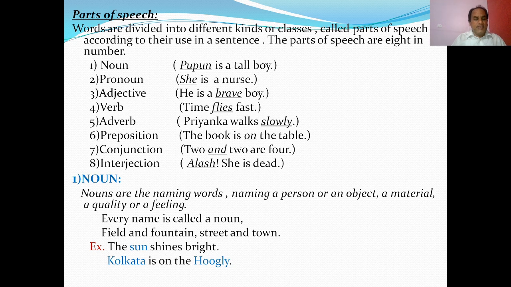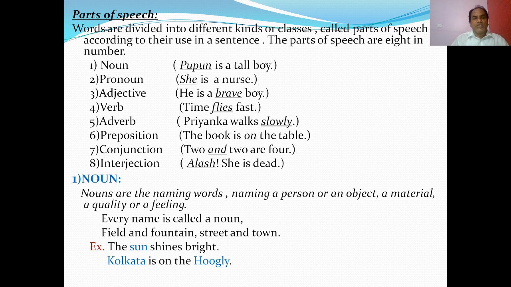So words, when used in sentences, become parts of speech. First is noun, we know, the naming word. Take the example: Pupun is a tall boy. Pupun is the noun.